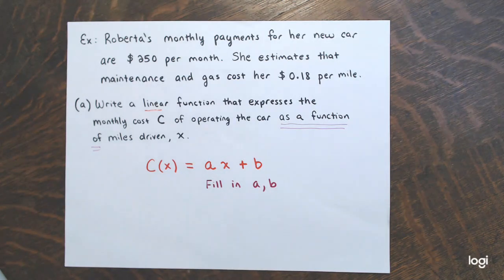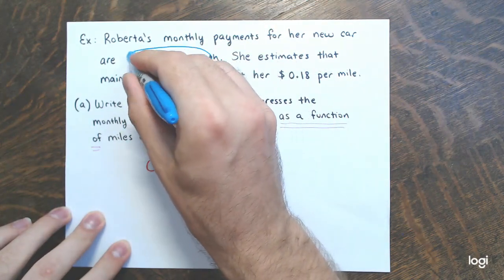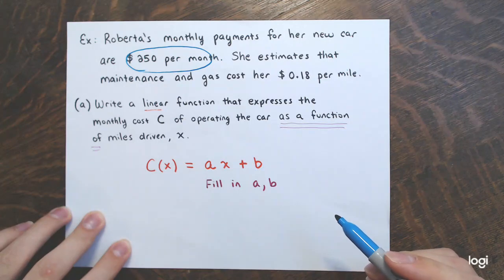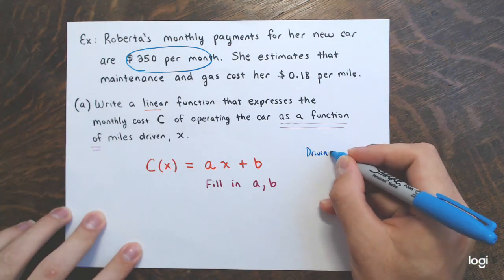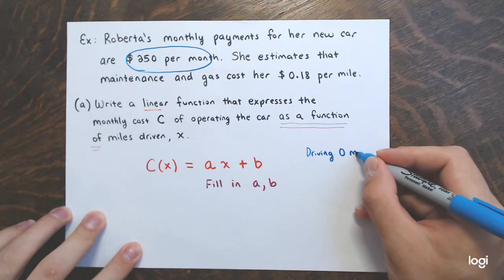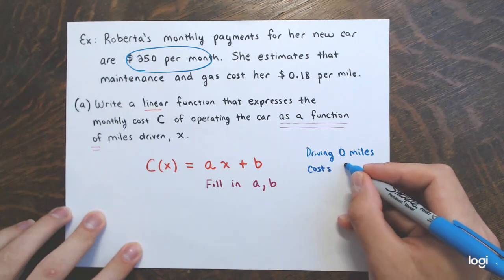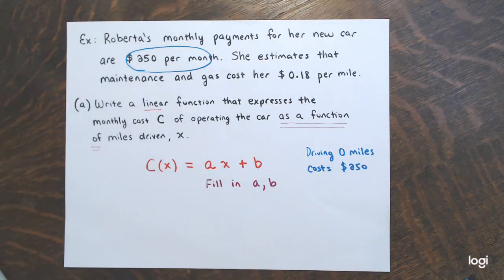All right. So look back through the problem, and I'm noticing it stated that it costs her $250 for a month. So that's without even driving, right? So driving 0 miles costs $250, right? If she didn't drive at all, it would still cost her that amount of money. All right, so let's think about that here.